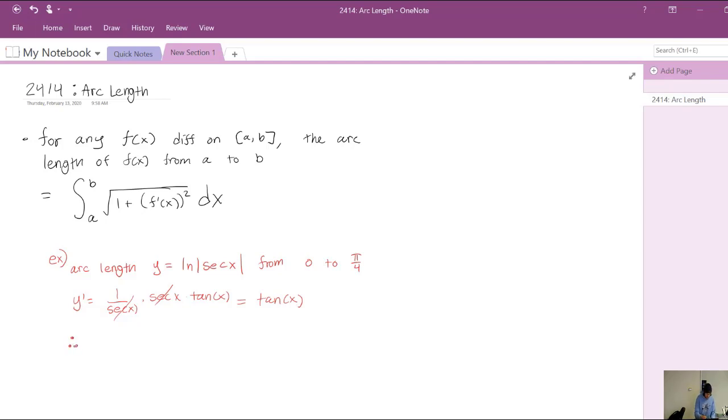So, therefore, our arc length is going to be the integral from 0 to pi over 4 of the square root of 1 plus y prime, tangent, squared.